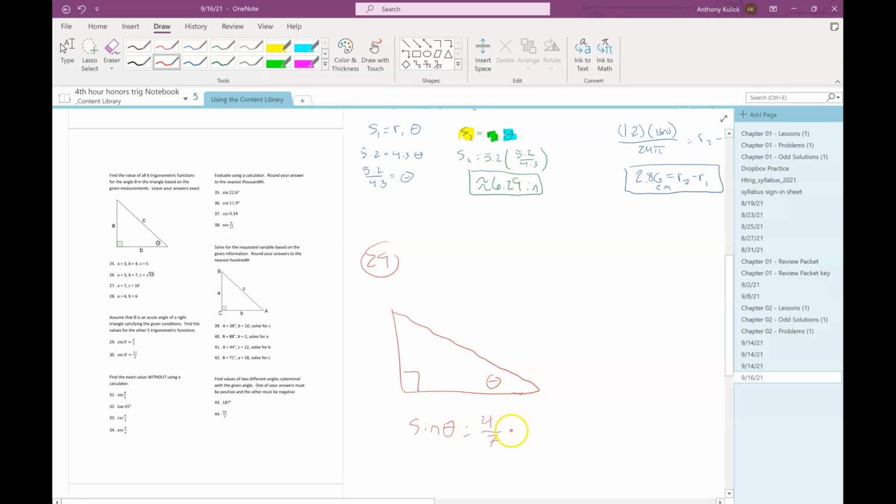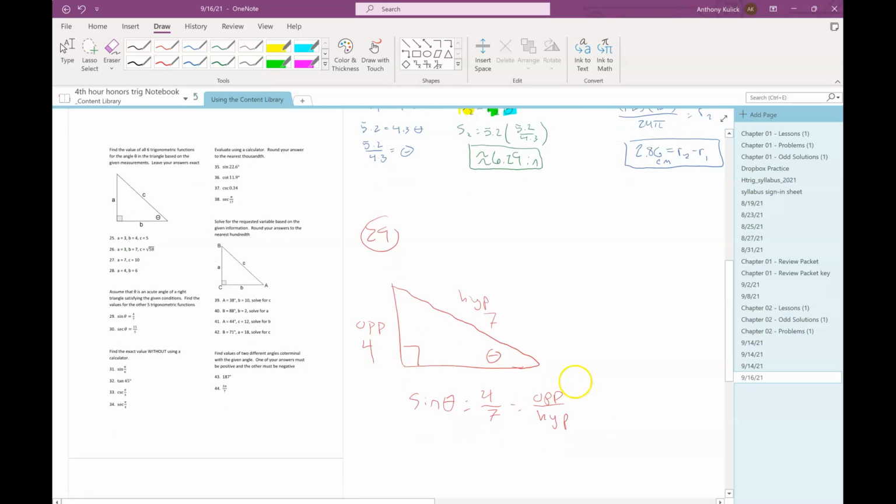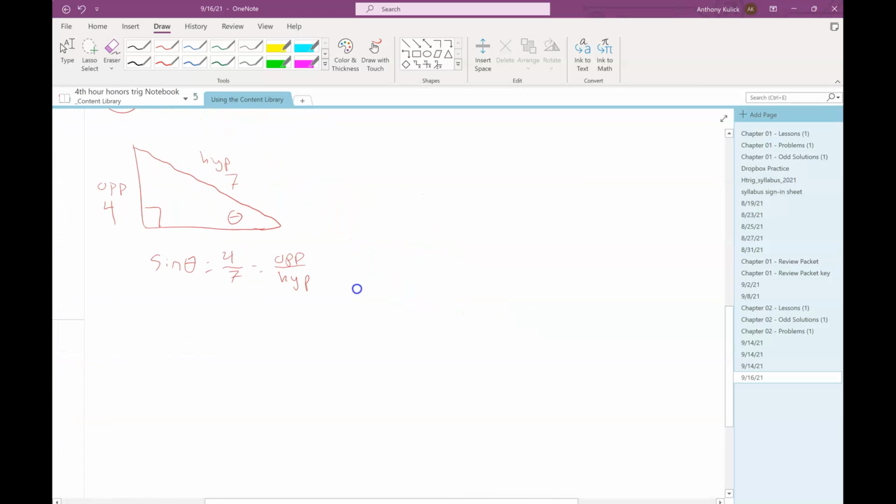I know that sine is opposite over hypotenuse. Relative to this theta, this side is the opposite side, so its length has to be 4. This side is the hypotenuse, so that side has to be 7. So far, so good? Yeah.